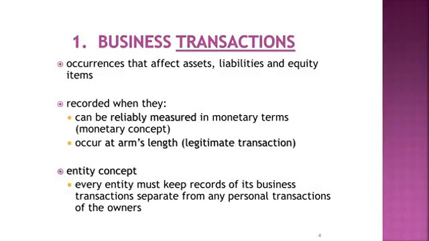So the owner might have personal assets being his home, his luxury boat, etc. And those assets don't appear in the books of the business. The business may also own the premises that they operate from, and that is an asset of the business. It doesn't belong to the owner of the business.